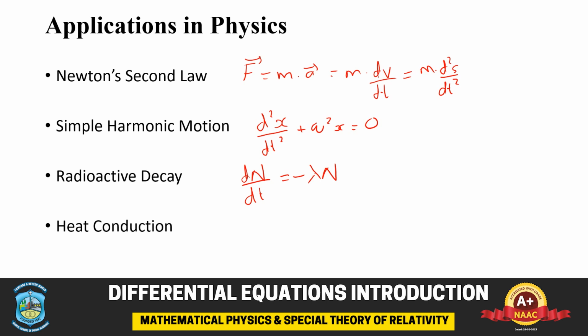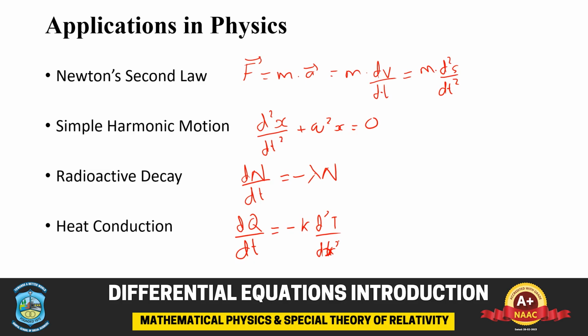Now another application is heat conduction. The general equation of heat conduction is dq by dt equals minus k d square tau by dx square, which represents that the rate of change of heat transfer is directly proportional to the second order derivative of temperature change with respect to position.